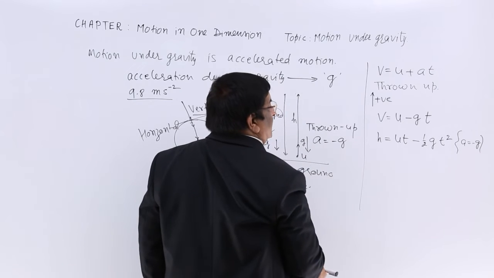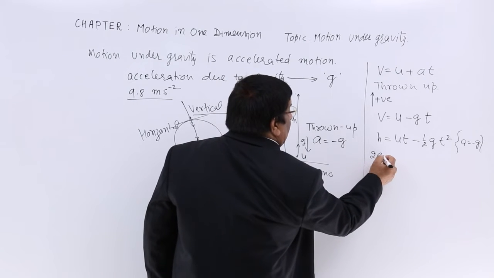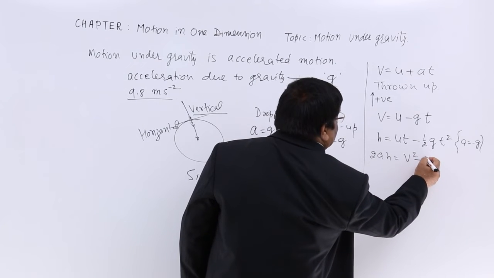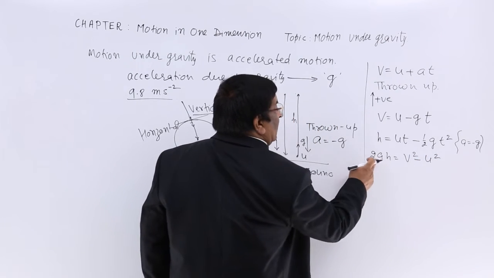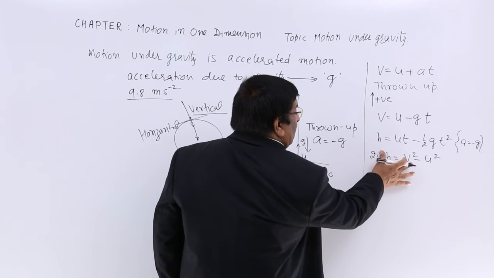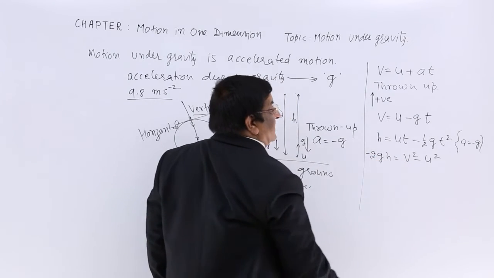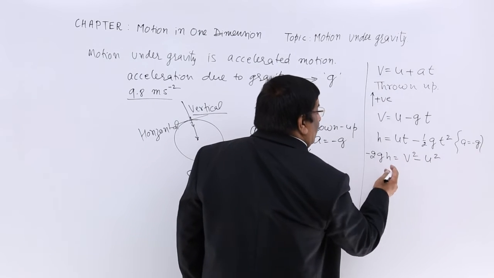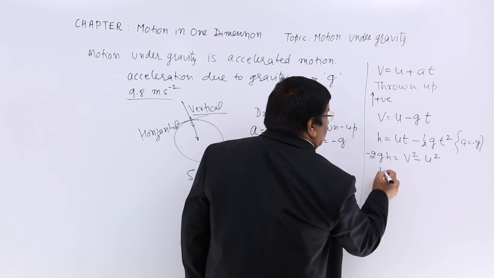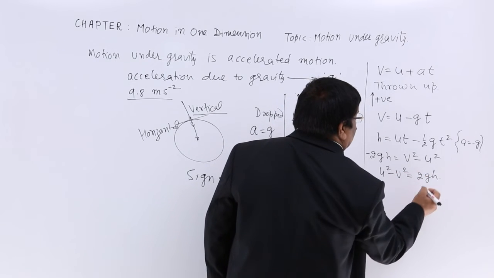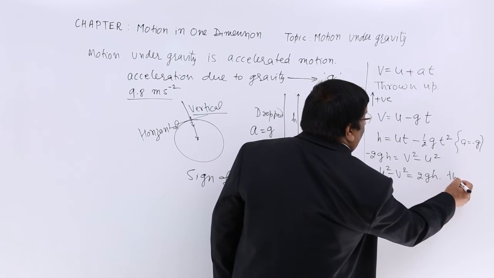And the third equation will be 2ah is equal to v square minus u square, and here when I put the value, this will become minus 2gh, or we can write u square minus v square is equal to 2gh. This is for the body thrown up.